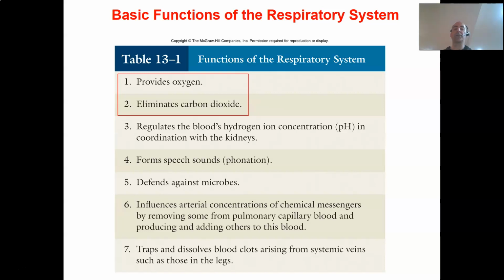The respiratory system also traps and dissolves blood clots arising from systemic veins, such as those in the legs. So most of the time, there is no problem with things like deep vein thrombosis.